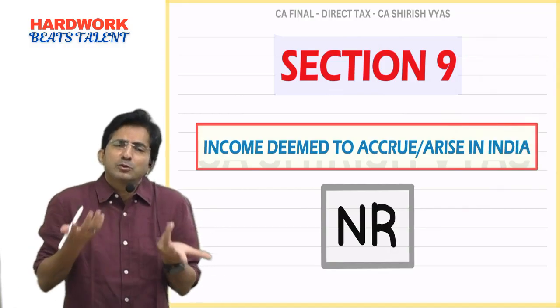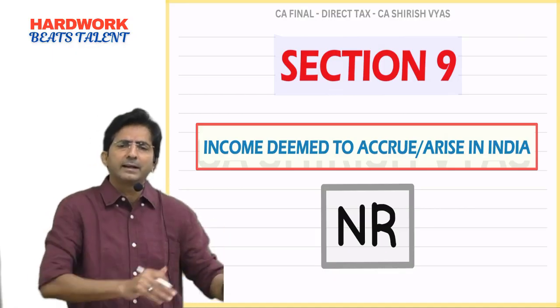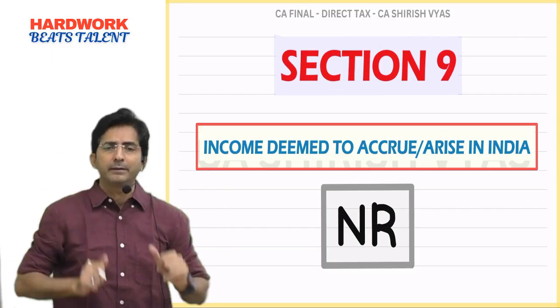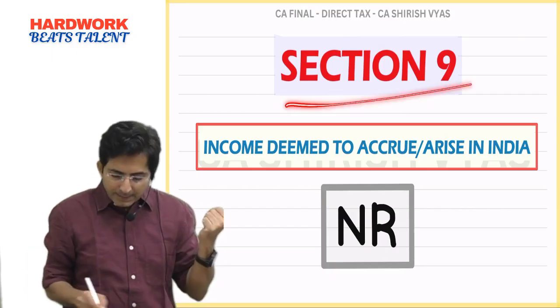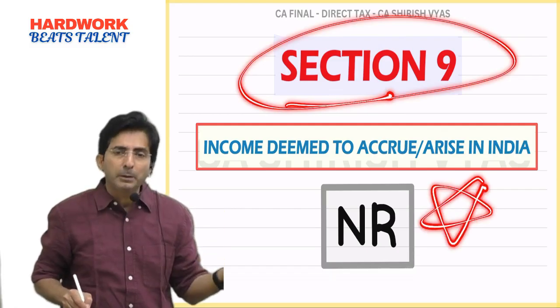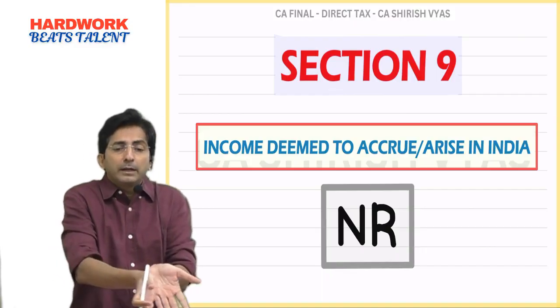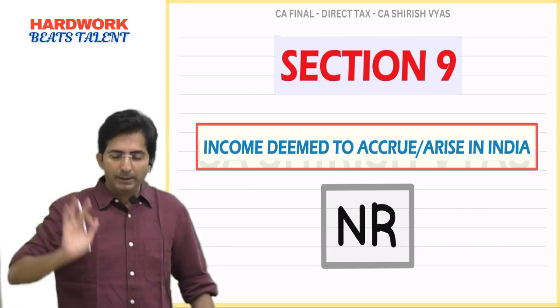For me, it makes no difference whether my income accrues in India or outside India, because being a resident, I have to pay tax on world income to India. So in short, this section is useful only for non-resident people, because only for them it matters whether income accrues in India or not. For resident, it doesn't matter.